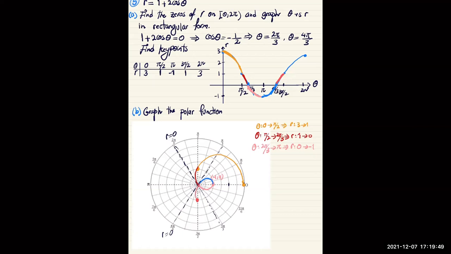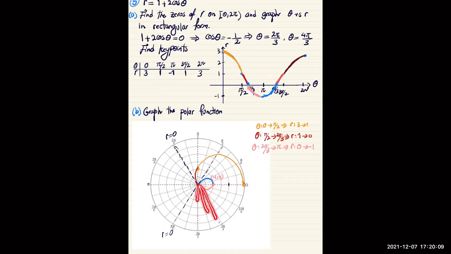All right, almost done. Last piece is this piece here, where r goes from 1 back to 3. So as we go from this angle to this angle, r is initially 1.